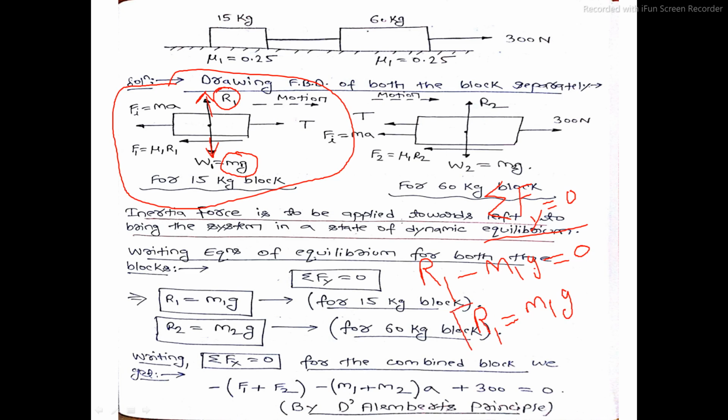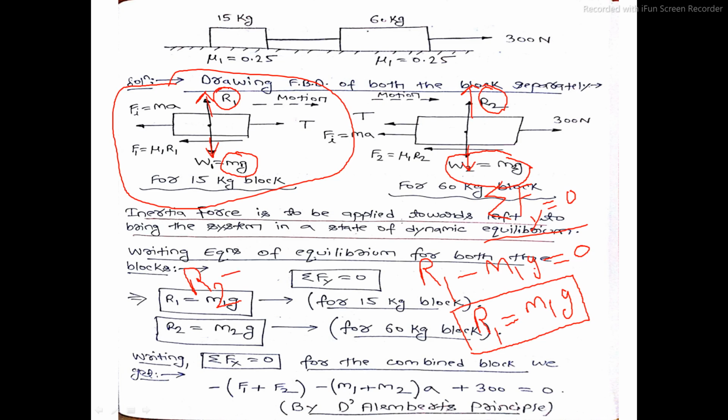Fine. This is summation Fy for the 15 kg block. Similarly, we can write down summation Fy equal to 0 for the 60 kg block. So what will be the equation? It will be plus R2 acting along the positive y direction, minus W2, because W2 is acting along the negative y direction.